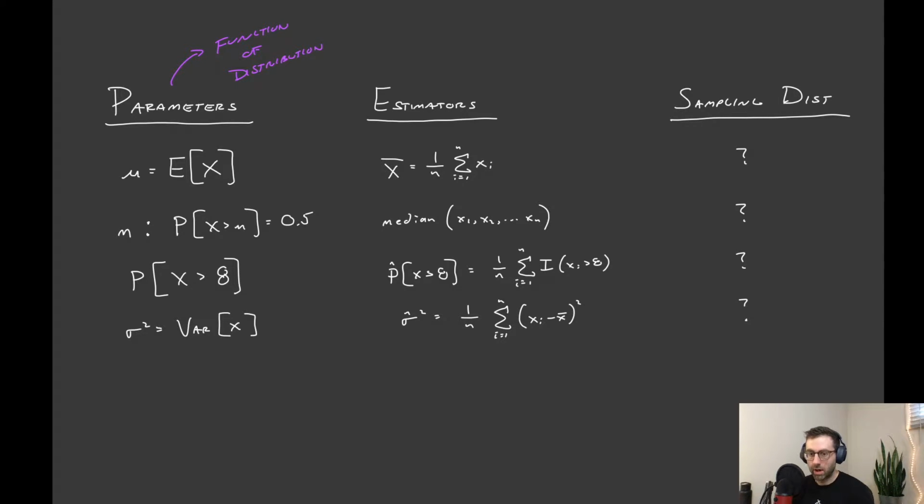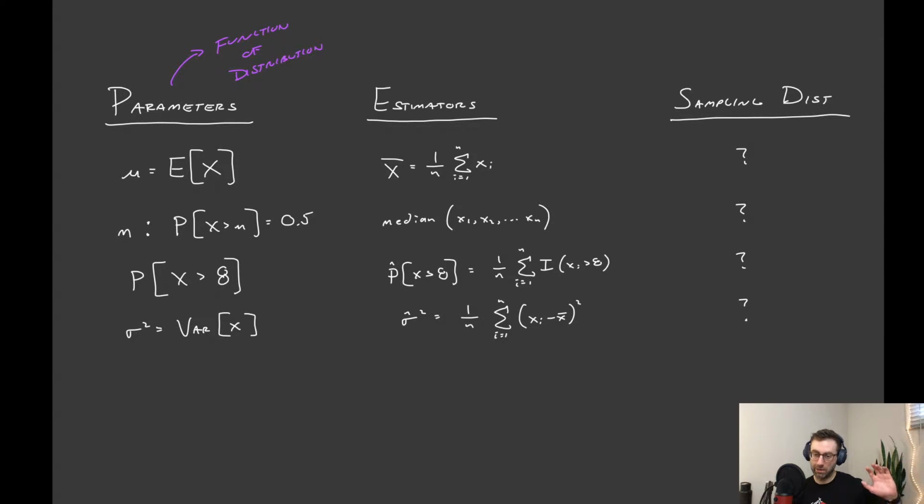Meaning that we could take these four quantities: the expected value, the median, which is the second one we defined there, the probability that an observation is bigger than 8, and the variance. And if we apply those parameters to different distributions, we get different results.